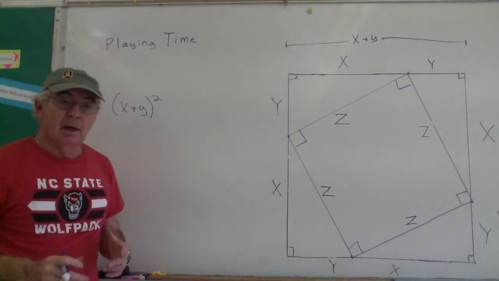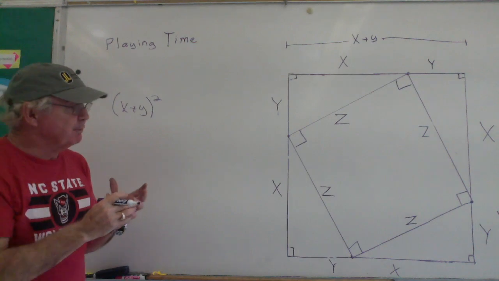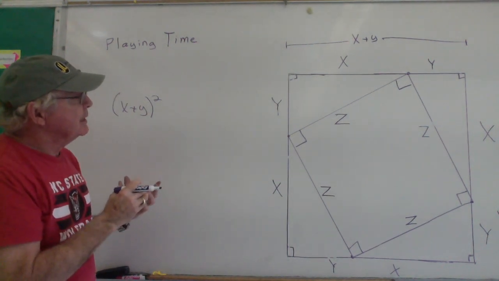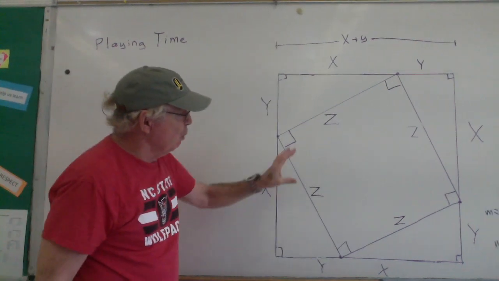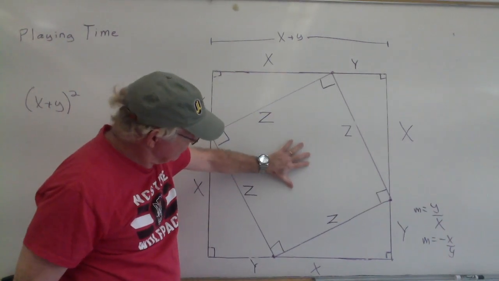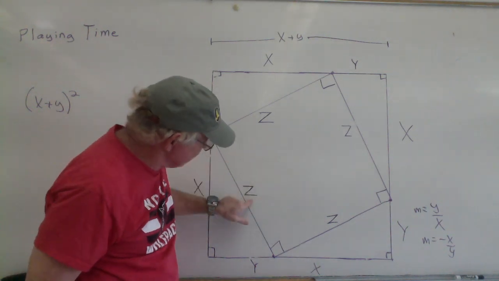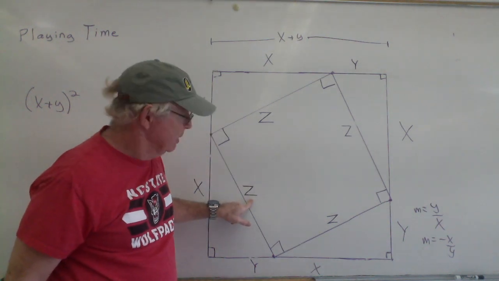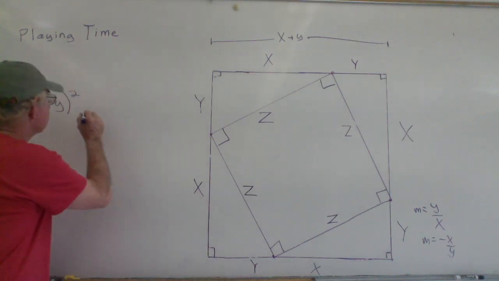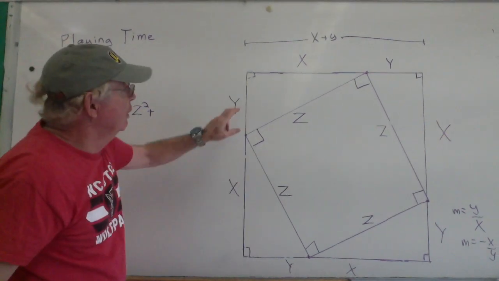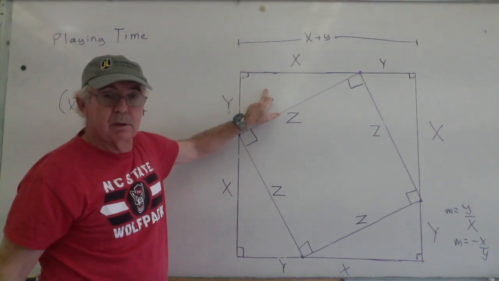Okay. Now, let's add up the pieces inside. What do we have inside? That big square is made up of one little square, and the area of this square is z times z. Plus 4 triangles.